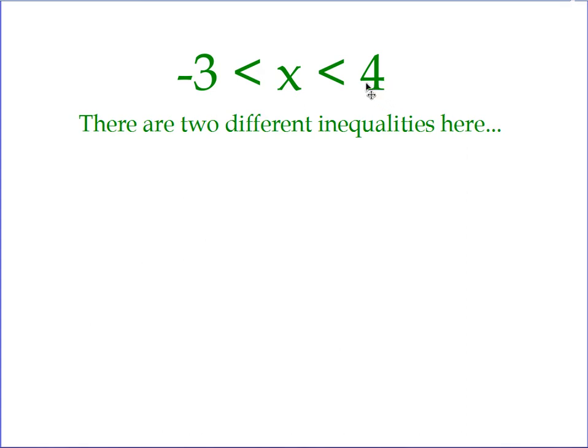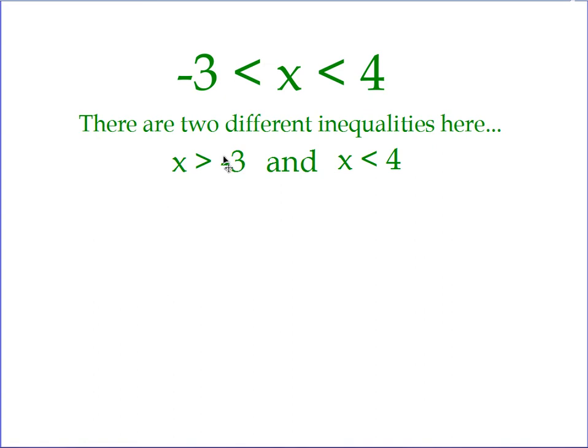The other one, though, is a little more difficult. It comes from the first portion of our inequality. If I were to write that inequality in mirror form or mirror image, it would look like x is greater than negative 3. That's the same as negative 3 is less than x.